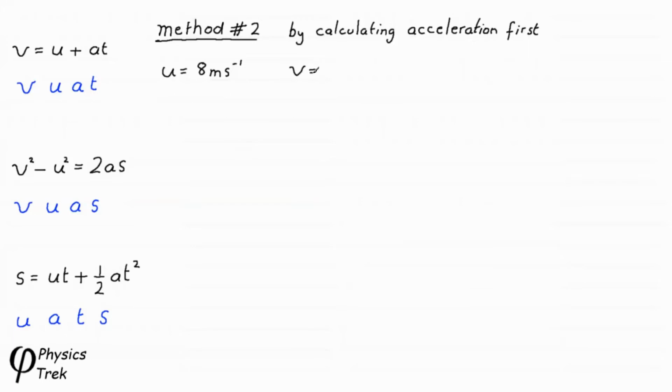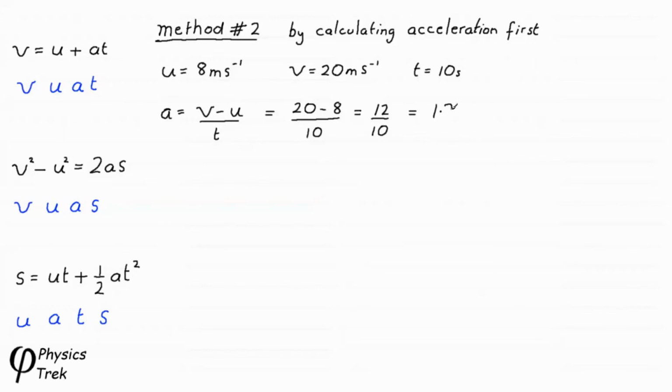U equals 8 meters per second, V equals 20 meters per second, and T equals 10 seconds. Our equation for acceleration is V minus U over T. And we put the numbers in. V is 20, U is 8, and T is 10. So this gives us 12 over 10, which gives us 1.2 meters per second per second.